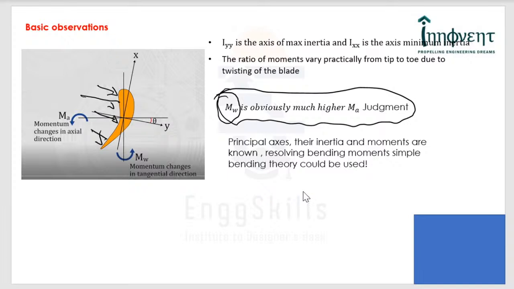And as a simple exercise, my student friends can look at the load path for this particular bending moment, whether it is reacted at the disc root or whether it goes beyond. That has to be investigated. Now, once we understand that this is the moment of greater significance, let's see how exactly to mitigate that.